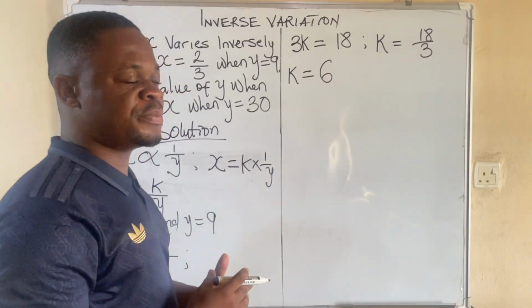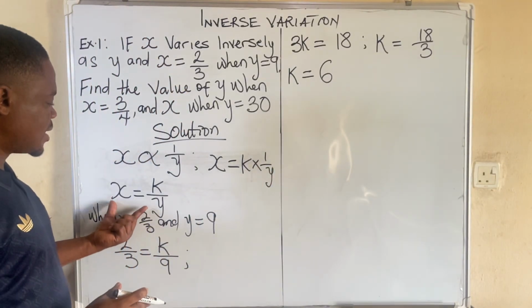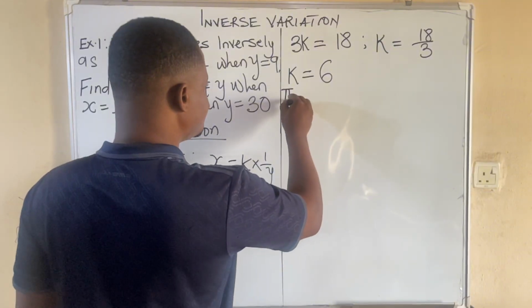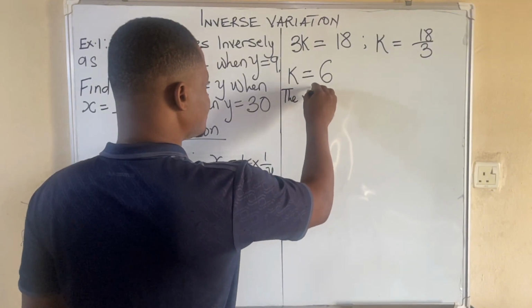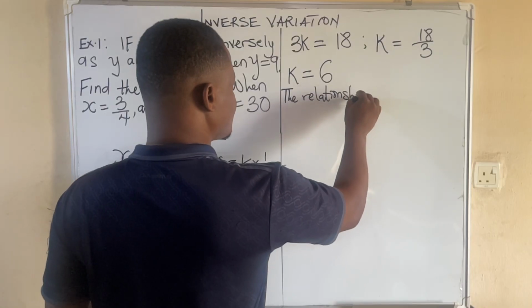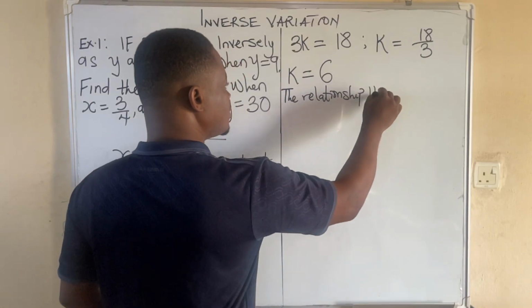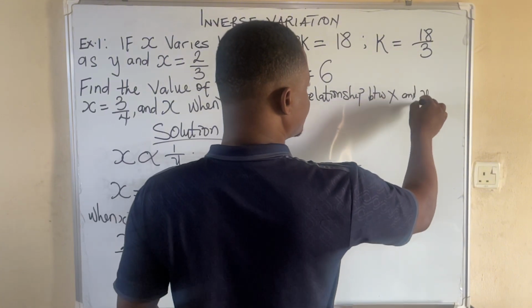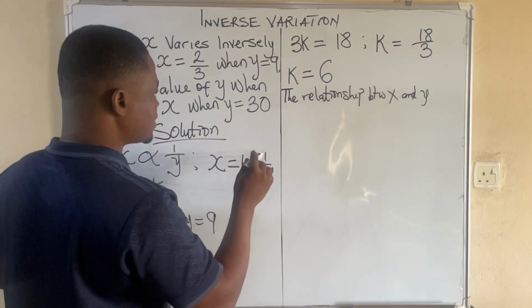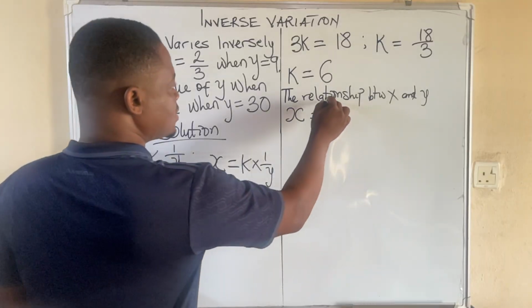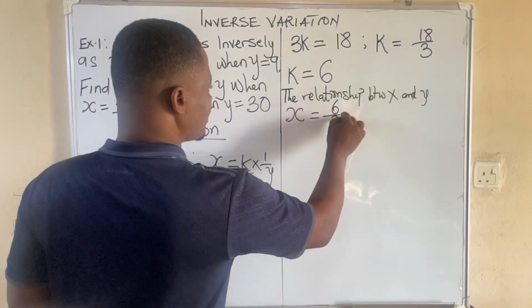So the relationship between x and y will be that x is equal to 6 all over y.